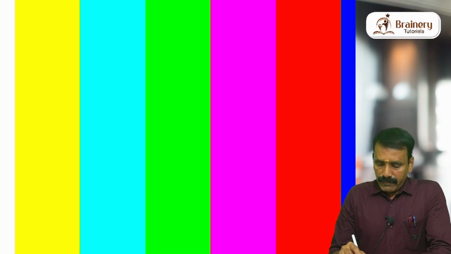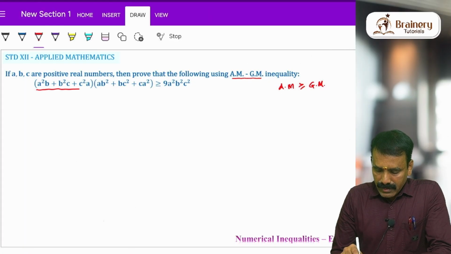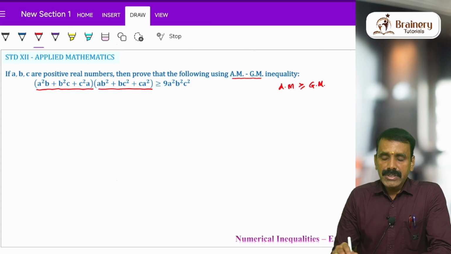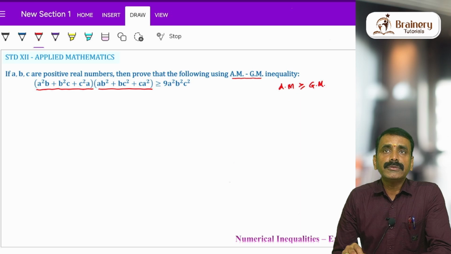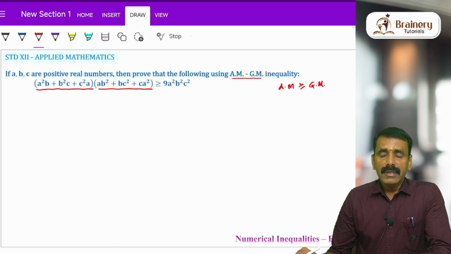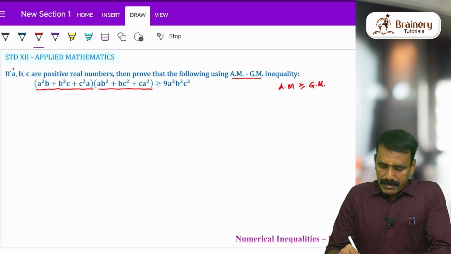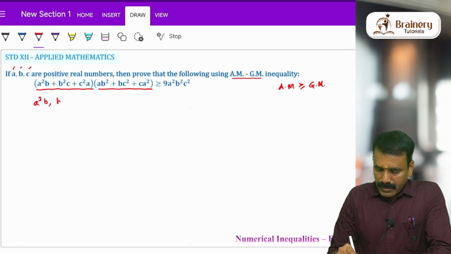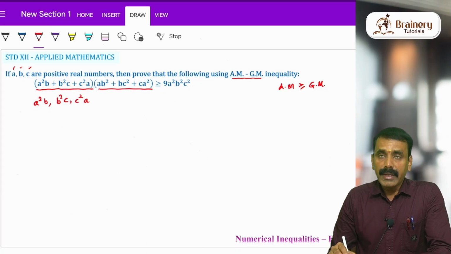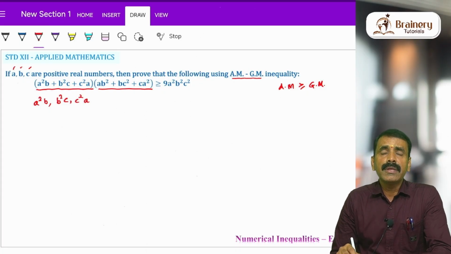On the left hand side we have 2 terms in product, and each term has 3 terms. So we are going to consider 3 numbers. A, B, C are given, but we are going to consider the terms A square B, B square C, C square A. For these 3 terms, I am going to apply arithmetic mean.